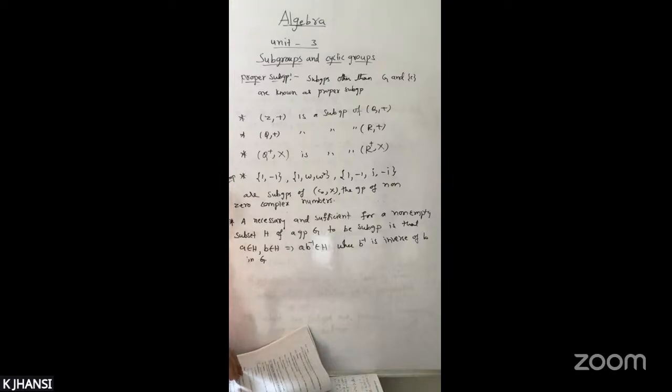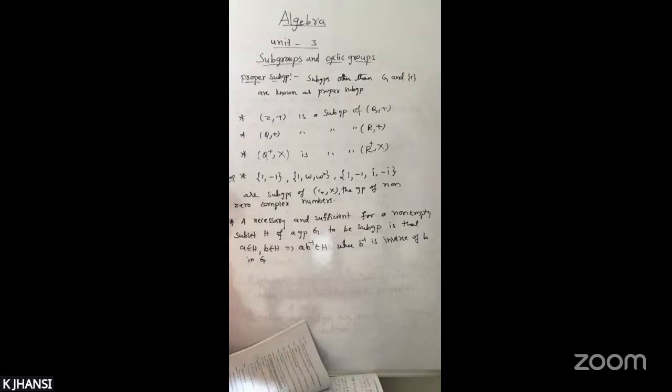Theorem 3.3.1. This is also a very important theorem. That is, let G comma dot be a group and H be a subset of G. Then H is a subgroup of G if and only if the following are true. The first condition is H is non-empty. That means it should compulsorily have some elements.